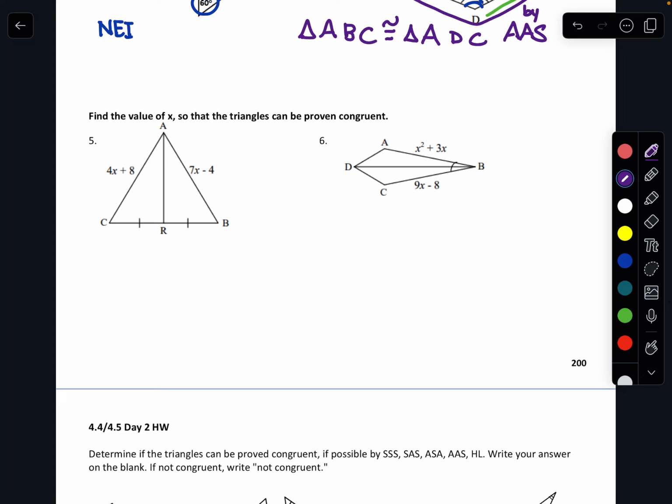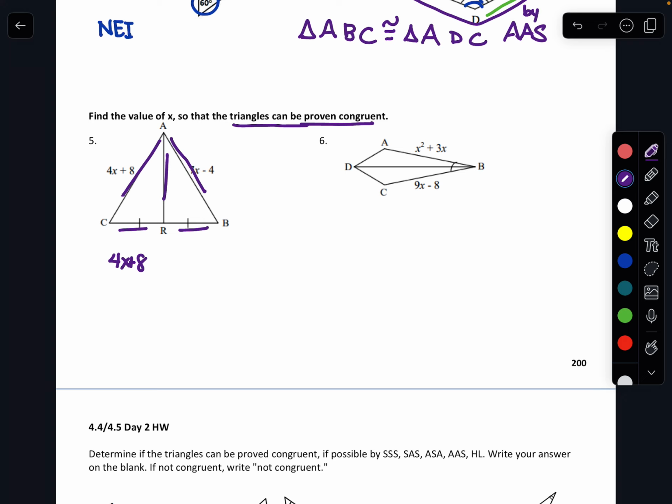Let's find the value of x so that the triangles can be proven congruent. So when it's written that way, it's trying to say, how do we prove the triangles are congruent? Well, we're going to have to prove one of these theorems or postulates occurred. So if we can find x in such a way that we can tell that all the sides are congruent, then we have side, side, side, right? So let's go ahead and put 4x plus 8.